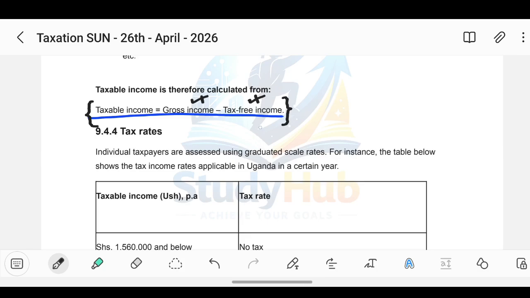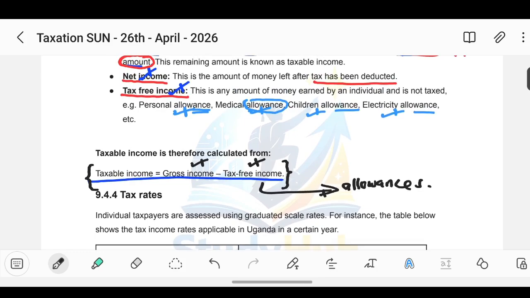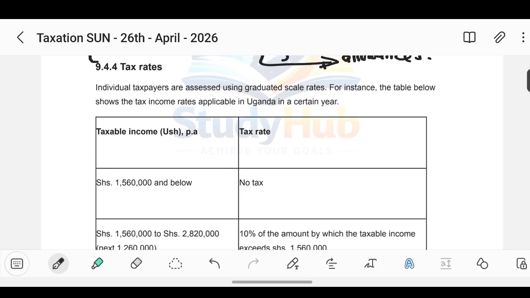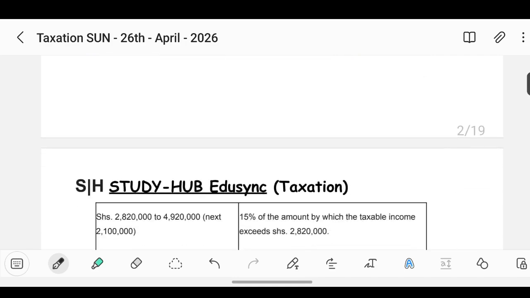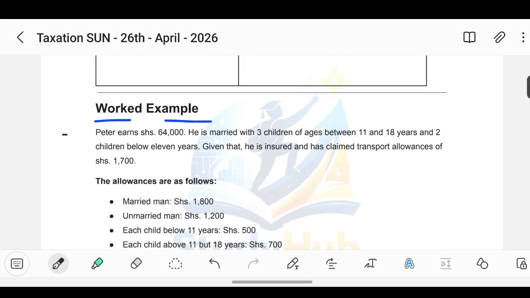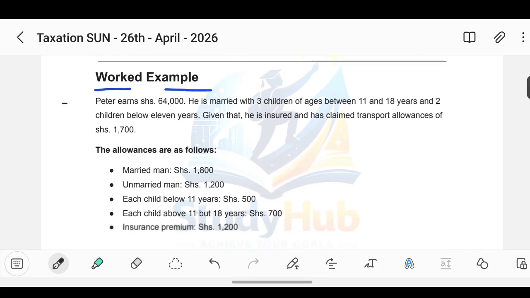What did we say? Tax-free income are the allowances. So we have the tax rates. The tax rates are going to be in every paper you're going to be doing. They will be placed in the table like that one.